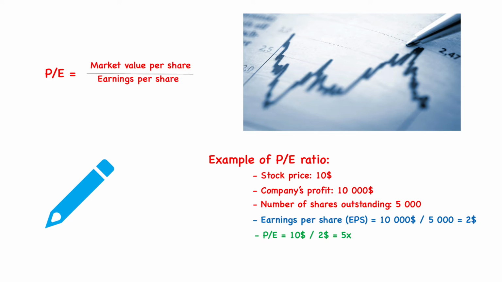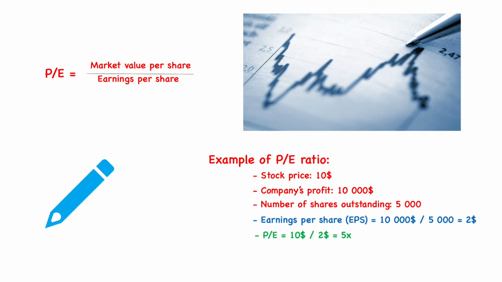Forward PE is when you use future earnings guidance. Then you'll get the estimated price to earnings that can help to get a clearer picture of how the company will do in the future. The trailing PE is based on using the last 12 months of earnings to see how the company is doing or has done.